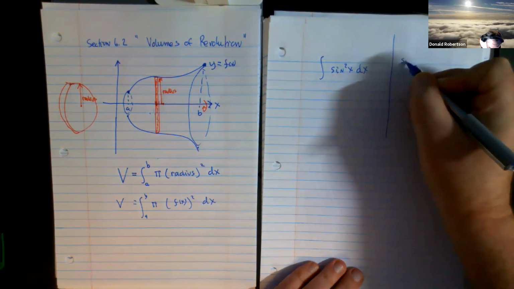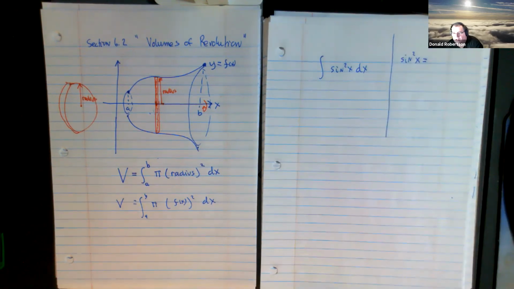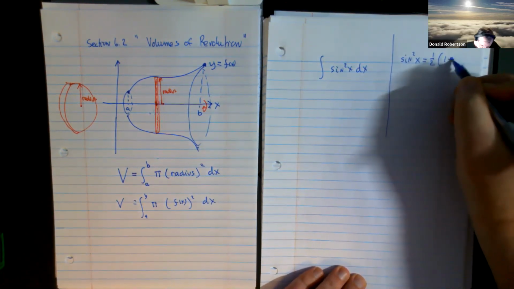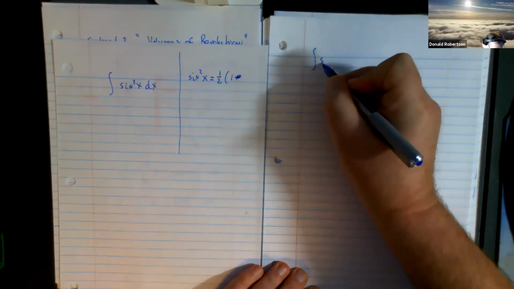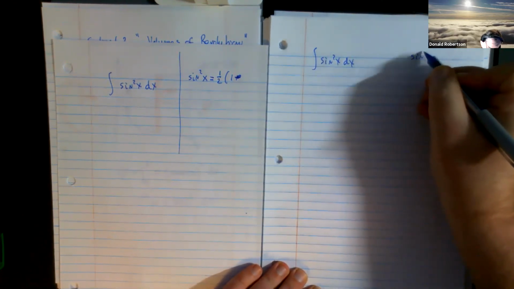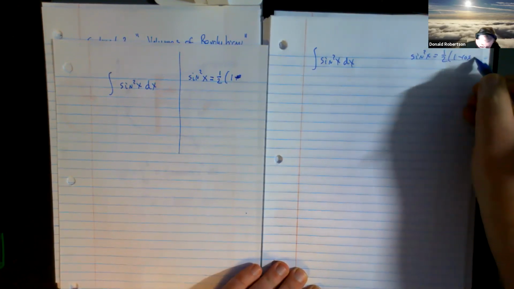To be able to do that, you have to know what sine squared x is written as in terms of a different expression. And it's more trig identities. Oops. Let me just do that again because I don't want this to be a mess. Sine squared x is 1/2 (1 minus the cosine of 2x).